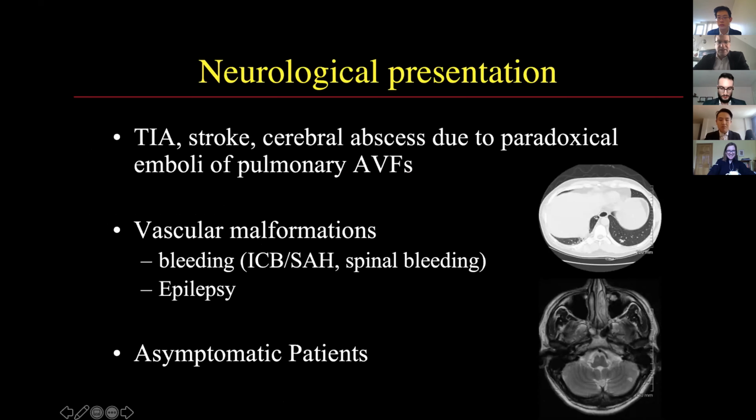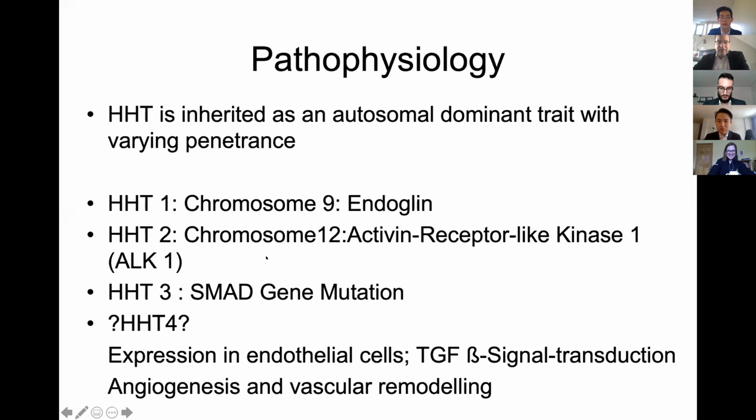The vascular malformations itself are relatively rare. In fact, when we look at the numbers, for every 10 abnormalities within, let's say, the lungs or in the GI tract, we have maybe 1 brain AVM. So it's a rare disease in HHT.